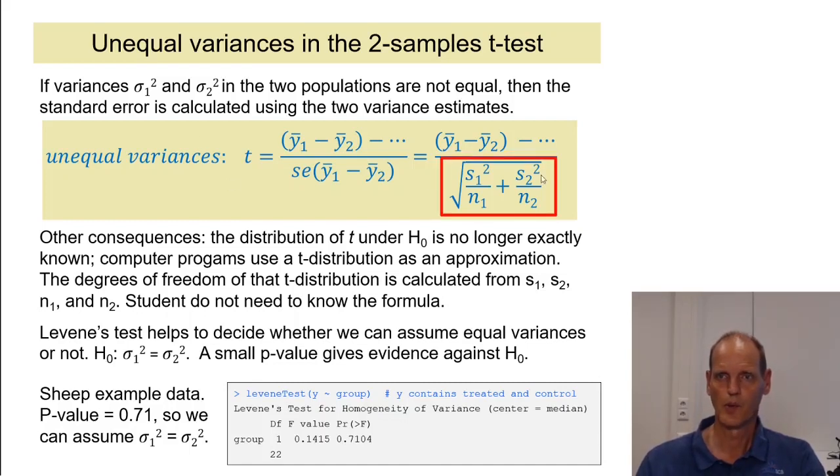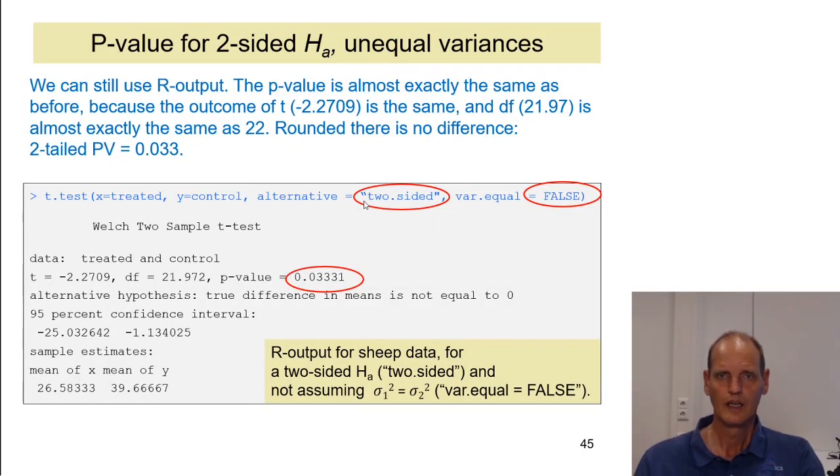Note again the formula for the standard error, which is slightly different. If we want to use the non-equal variance t-test, we can still use the R output. The p-value is in this case almost exactly the same as before, but that is because the standard deviations were so similar. But how do we do that? Well, we again ask for a t-test in R, t.test. X is treated, Y is control, same as before.